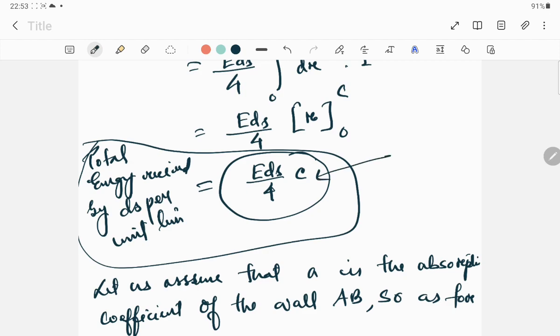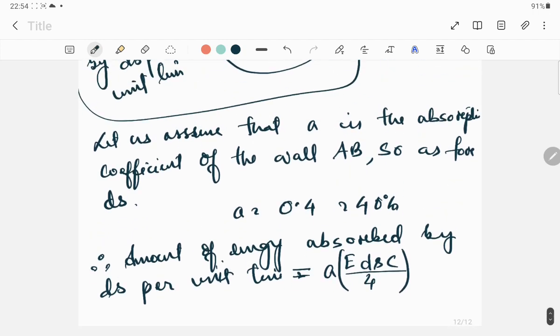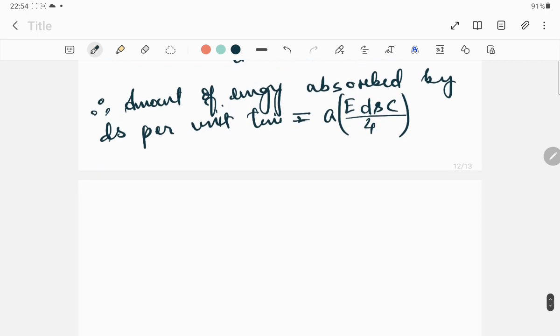So how much it is absorbed is A into E dsc by 4. So you can make it look much better. It is called E A dsc by 4.